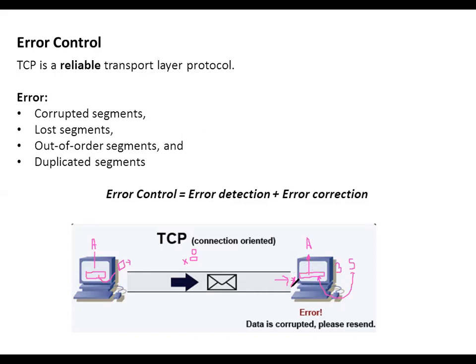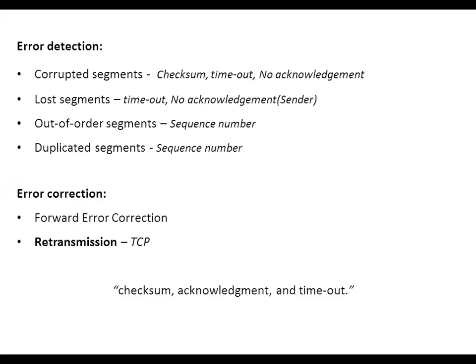All these errors need to be detected and corrected, which means that the error control mechanism in TCP is going to have two phases, that is error detection and error correction. So every type of error will be detected and hence the error will be corrected.